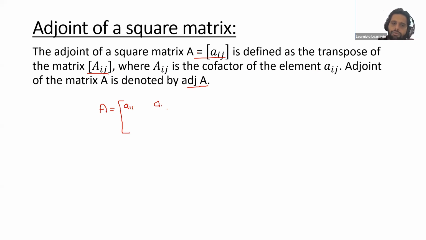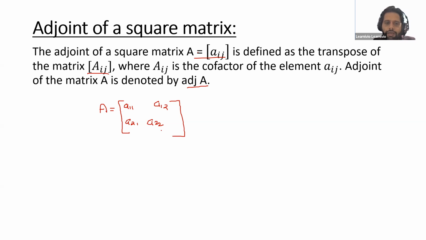A11, A12, A21, A22. Okay, minor and cofactor, here we get a determinant, a single value. Adjoint will give you another matrix. So that means adjoint is also a matrix.